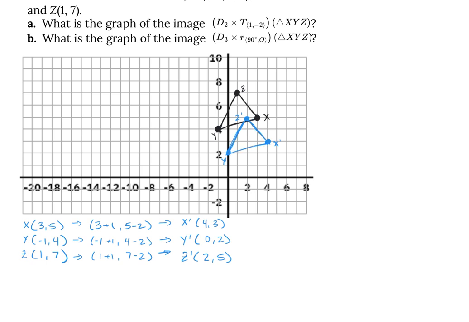Okay, and then after that, I want to do a dilation. Change my color for that. So dilation, and it is dilating by 2. So I'm going to multiply my X and my Y by 2, and it's the X and the Y of the prime. So I'd be multiplying 2 by the 4, and 2 by the 3, 2 by the 0, and by the 2.